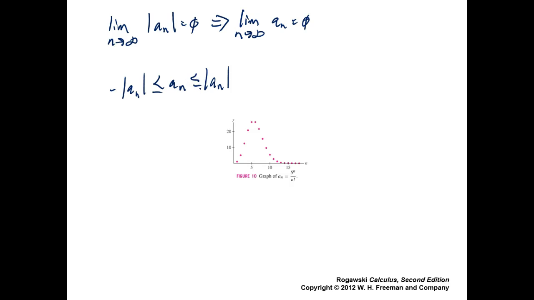Because if a sub n is positive, then this is going to be equal to that, and this will be less than that. If a sub n is negative to begin with, then the absolute value of a sub n will be positive, but then you negate that, and that will be the same as a sub n. So you know that a sub n is always in between the minus absolute value and the positive absolute value. Gotta be.